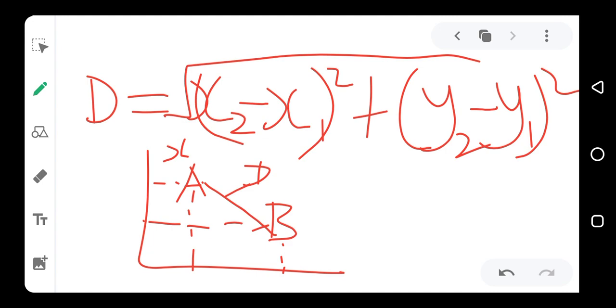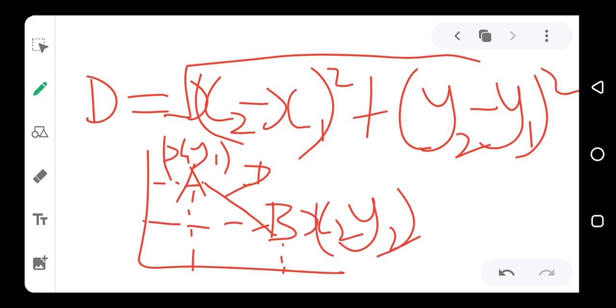And for position B, the x and y values are x2, y2. So these are the coordinates of A and B. We can use these coordinates to determine the distance by taking the square root of x2 minus x1 squared plus y2 minus y1 squared.